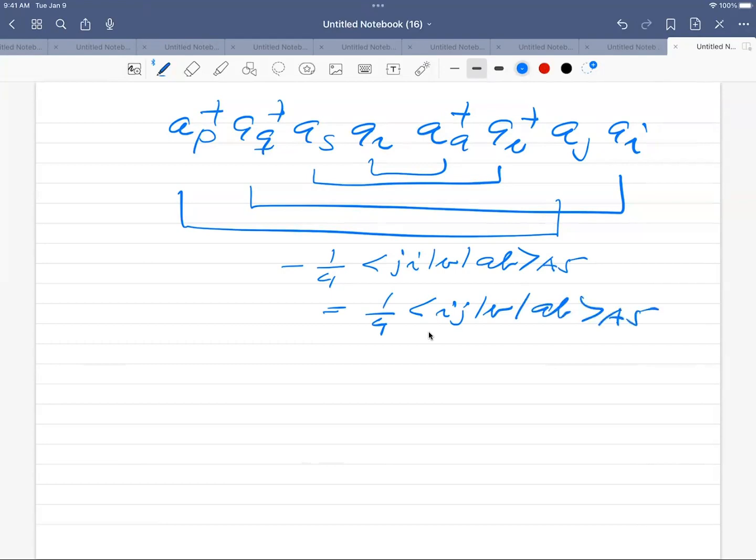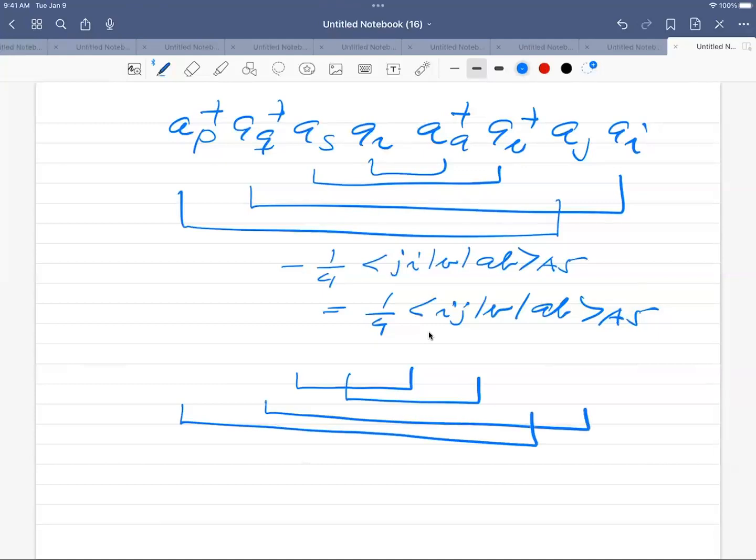And then the final one, I'm just going to write it here. So that's going to be A S to A A, A R to A B, and then I'm going to have A P to A J and A Q to A I. And that will give me a matrix element which has now two interchanges.